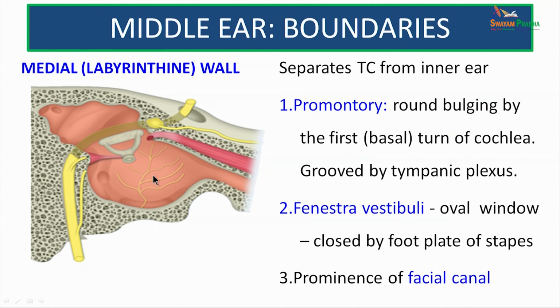Next we see the fenestra vestibuli, the oval window, which is closed by the footplate of the stapes. Above that, we see the arched prominence of the facial canal as it continues as the vertical part of the facial canal in the posterior wall.